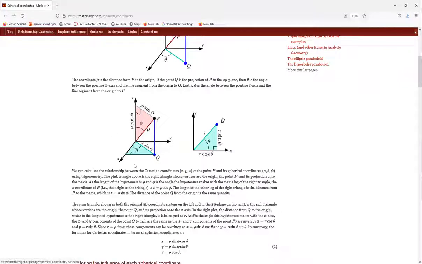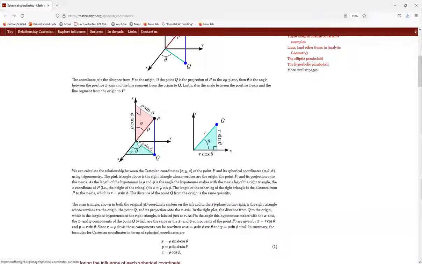But in the spherical coordinate system, we define rho, which is the distance between the point and the origin, and also we define this new angle that the object creates with the positive side of the z-axis. By using the definition of sine and cosine, we can get these two measurements, these two distances.